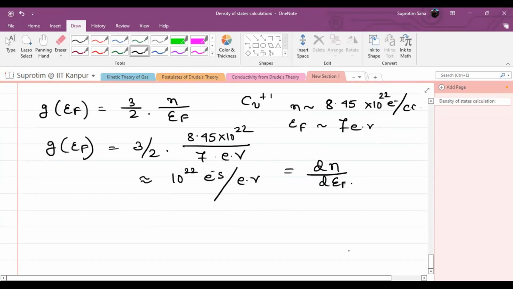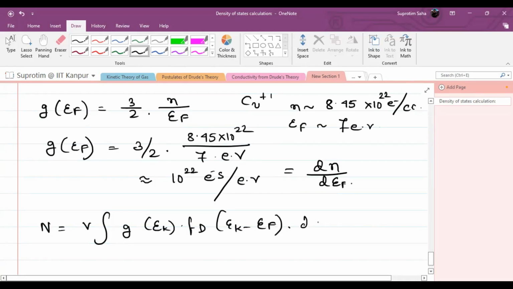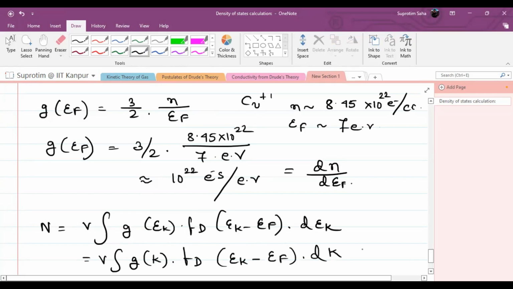All right. So this is what you get. So fantastic. So now the N, which is a combination of g(E_k) times the Fermi-Dirac distribution f(E_k - E_F) times dk, which is also given by the integral of g(k) times the Fermi-Dirac distribution f(E_k - E_F) times dk.